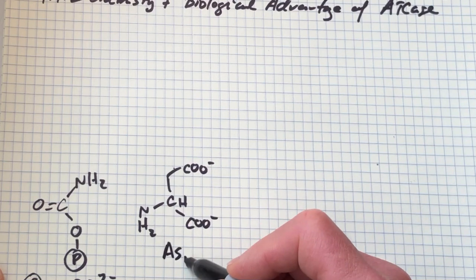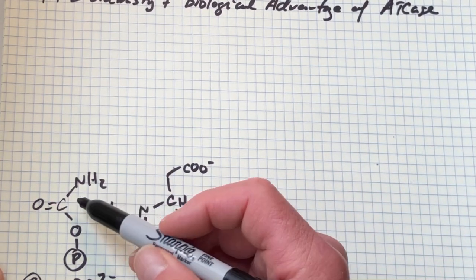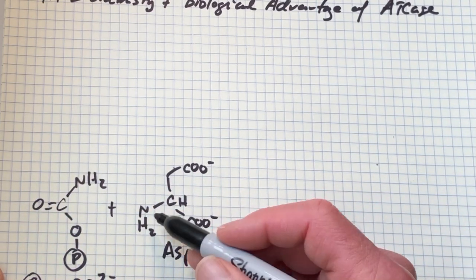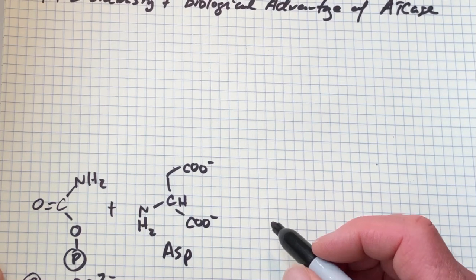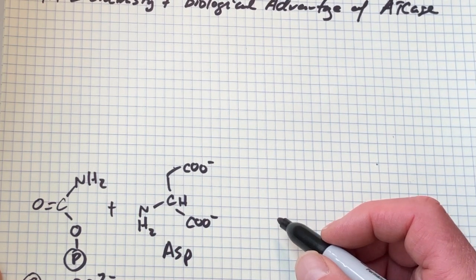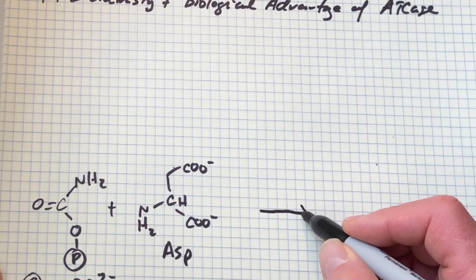So this is aspartate. And the enzyme transfers this carbamyl group onto the amino terminus, onto the amino group of aspartate to form N-carbamyl aspartate. And the structure of that is given right here.